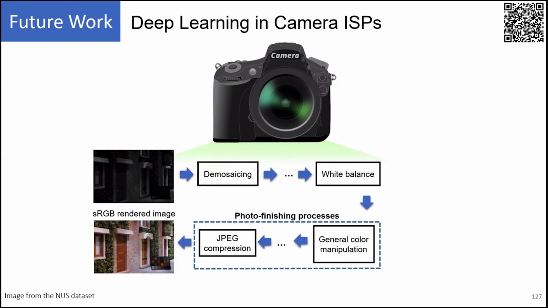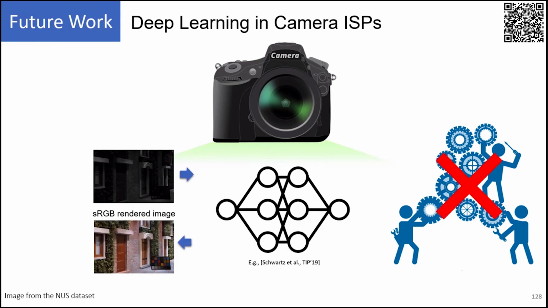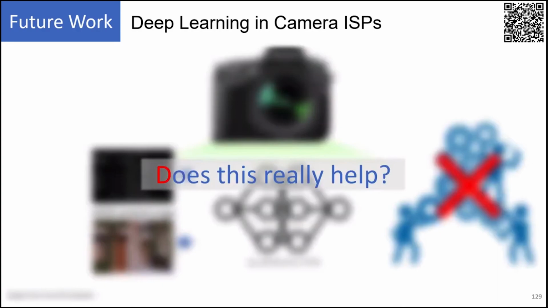Behind every camera ISP, there are a lot of tuning procedures that happen in order to make things work. Recently, people started to discuss a solution to get rid of all of this tuning by training a single neural network that can do the camera ISP job. Before going in this research direction, we need to think: does this really help or not?